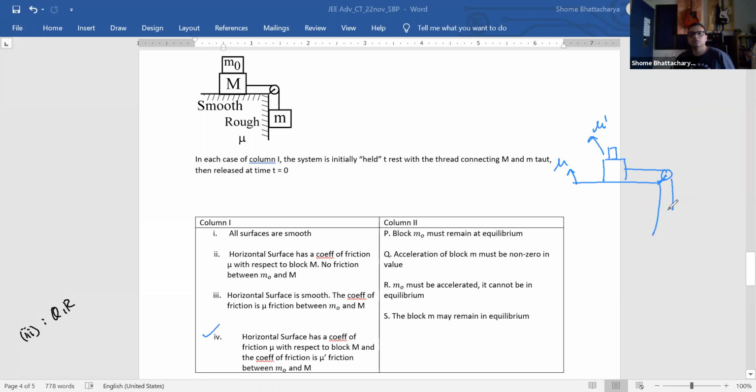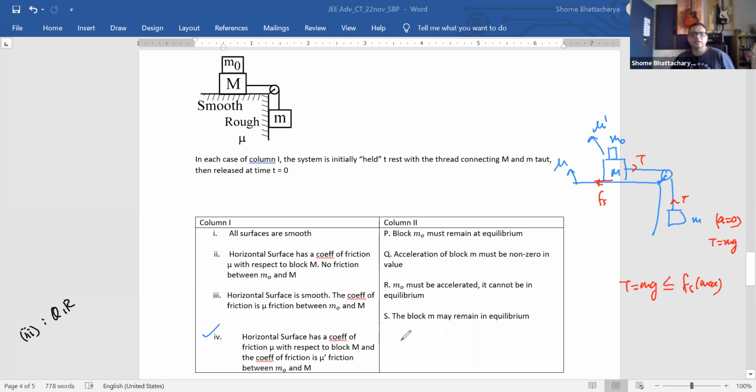So now see, one thing which is possible is that if this acceleration is zero, because tension is equal to mg, and here static friction is acting, because this is less than or equal to the maximum static friction at the bottom.